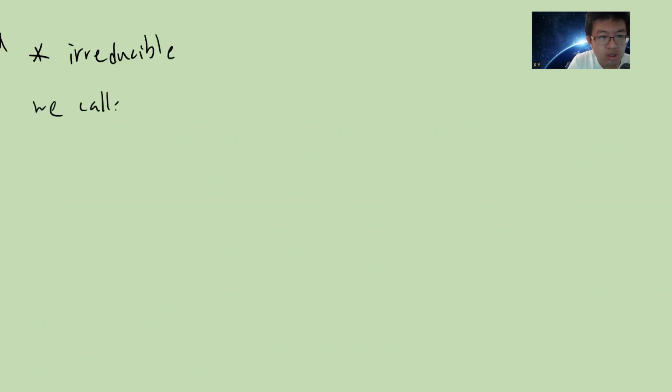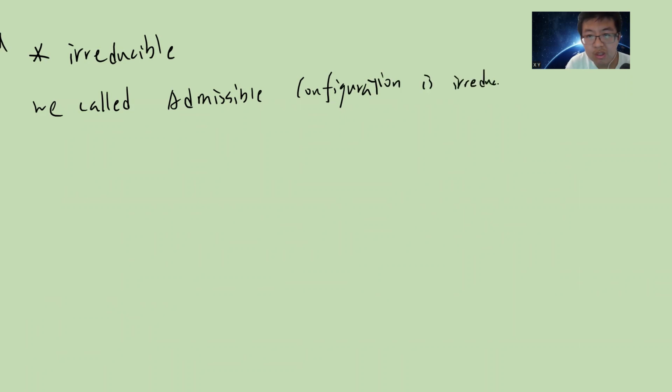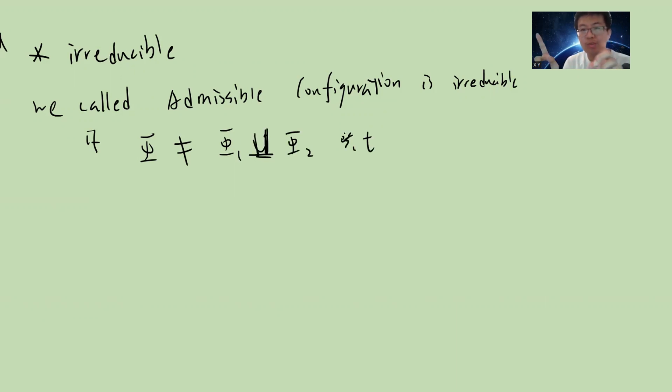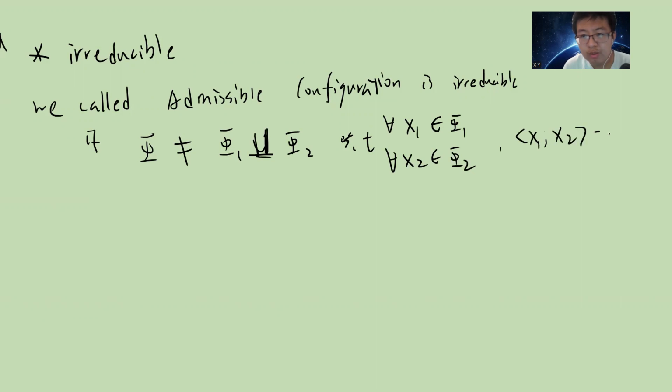We call an admissible configuration irreducible if Phi cannot be written as a disjoint union of two non-empty subsets, Phi1 and Phi2, such that for all x1 in Phi1 and all x2 in Phi2, the inner product of x1 with x2 is 0.